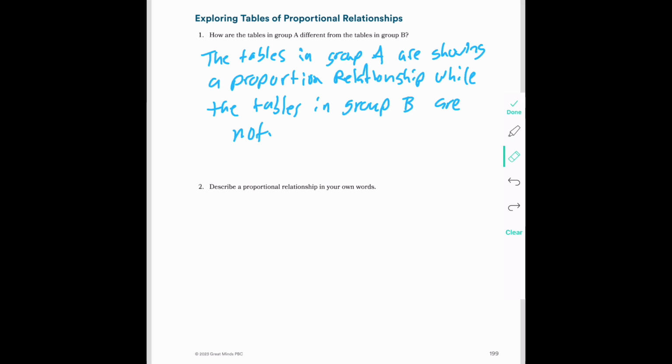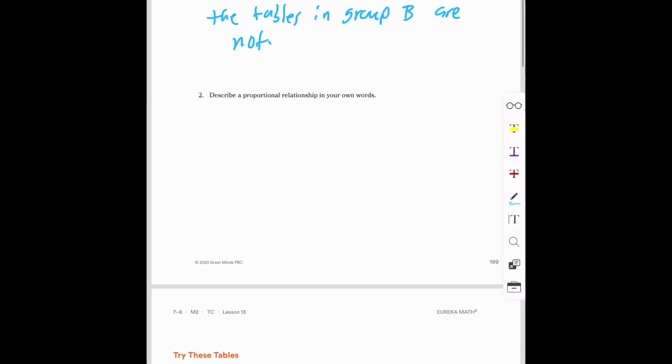Because an equivalent ratio and dividing to get the same answer is the same thing. Okay, because we know that ratio and fractions are closely related. They're not the same, but they are closely related.